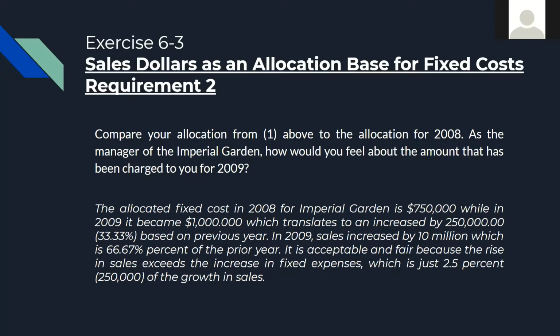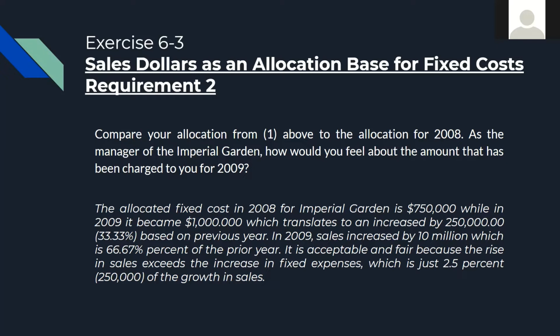The allocated fixed cost in 2008 for Imperial Garden, as mentioned a while ago, is 750,000. While in 2009, it became 1 million, which means it has an increase of 250,000 or 33.33% based on the previous year.